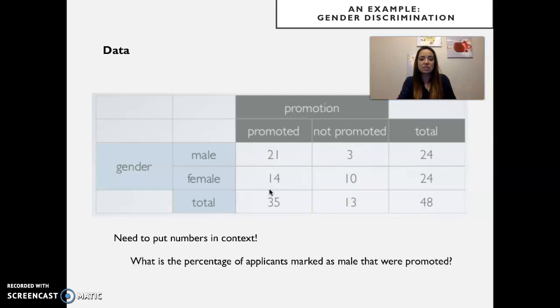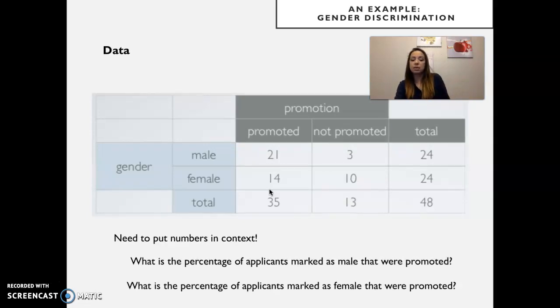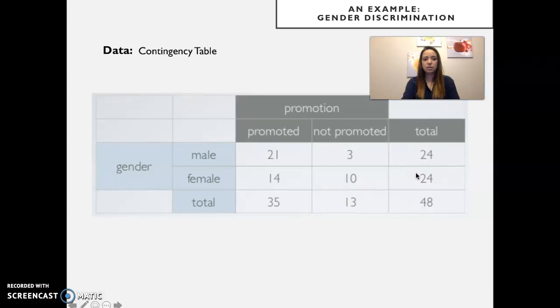And in this case, it means to compute the percentage of applicants marked as male that were promoted, and the percentage of applicants marked as female that were promoted, right? So if you do it this way, it doesn't matter if there are differences in the number of managers that received male and female files. All right, so let's look at that.